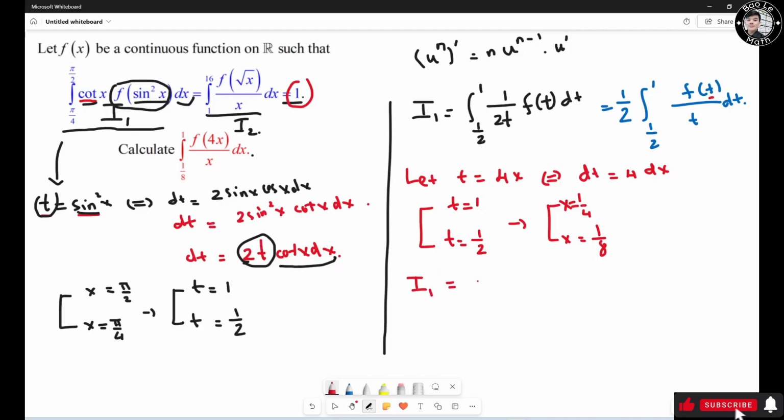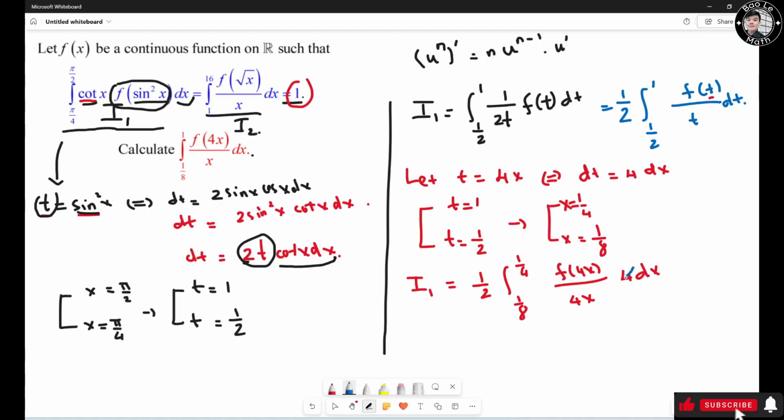So I have the new integral: I1 equals 1/2 times the integral from 1/8 to 1/4 of f of 4s over 4s times 4 ds.